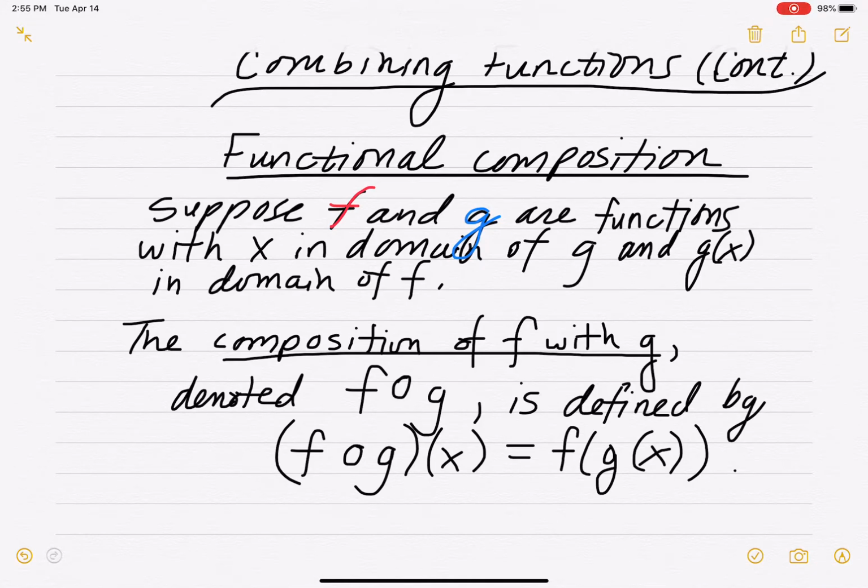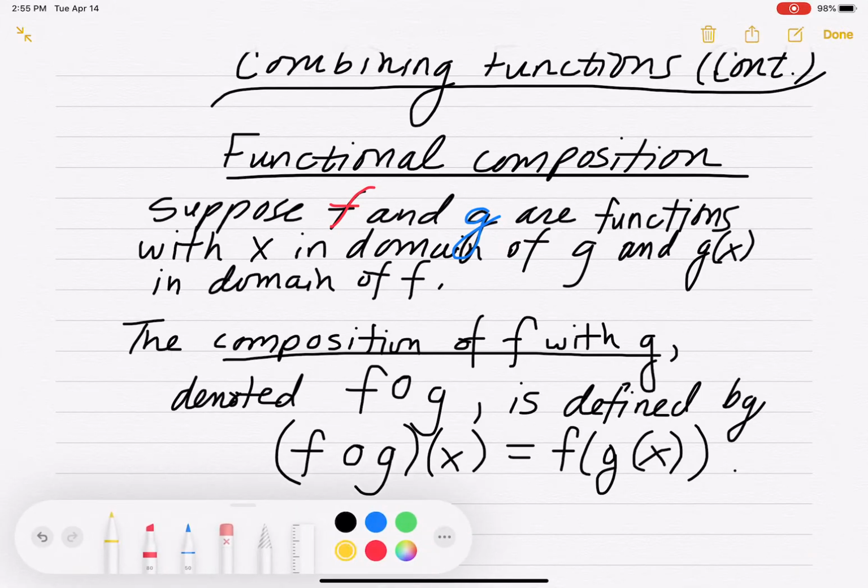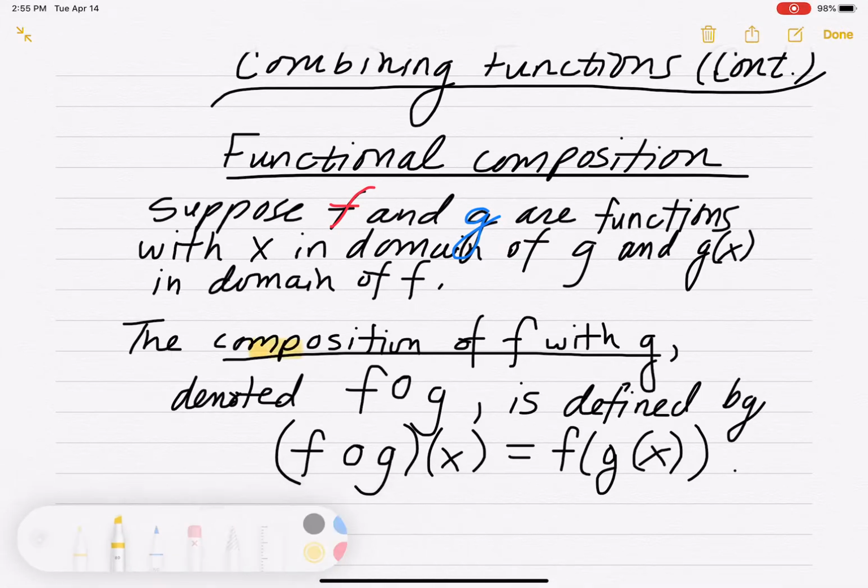The composition, this is what we're defining here. Let me highlight that in yellow. The composition of f with g is written f-o-g, f circle g. So that's a circle right there. That's a big old circle. It looks like fog. So f composed with g is the way you read that. F circle g, f composed with g is defined as follows.